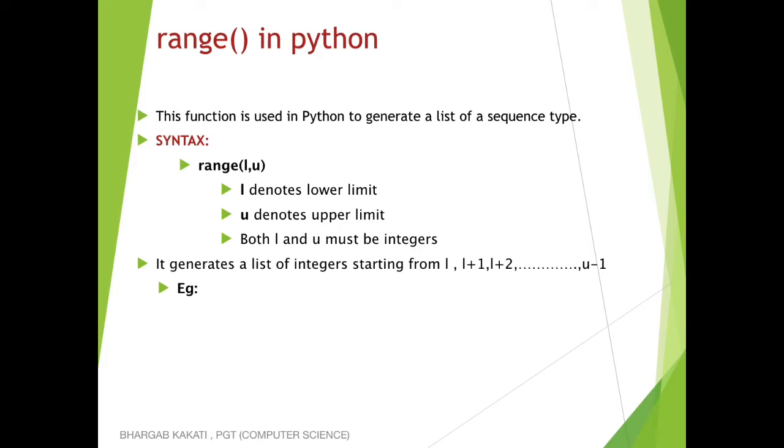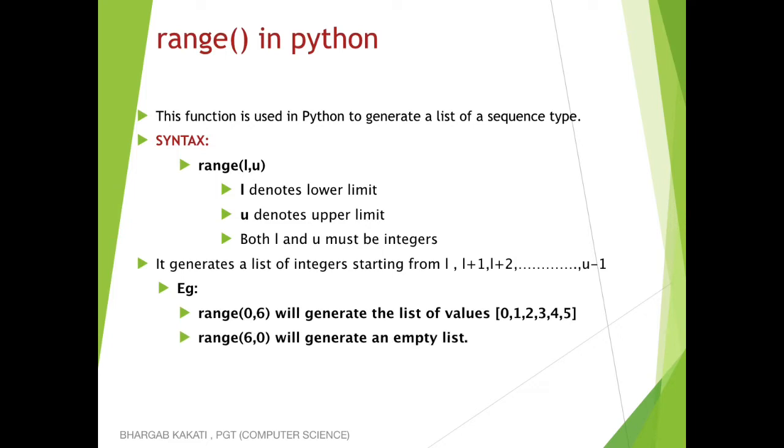For example, if I write range 0, 6, it will generate the values 0, 1, 2, 3, 4 and 5. If I write range 6, 0, it will generate an empty list. Why? Because it cannot move in the backward direction. It will always try to move in the forward direction.